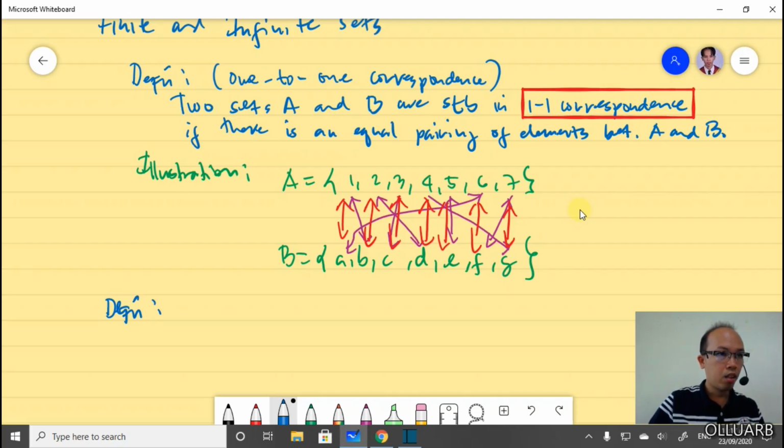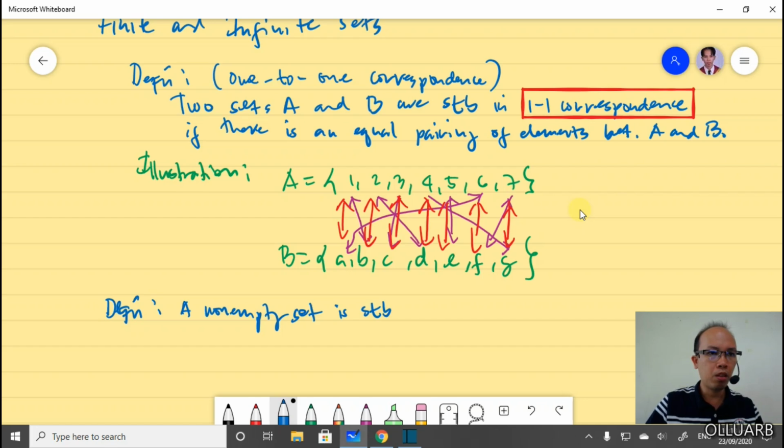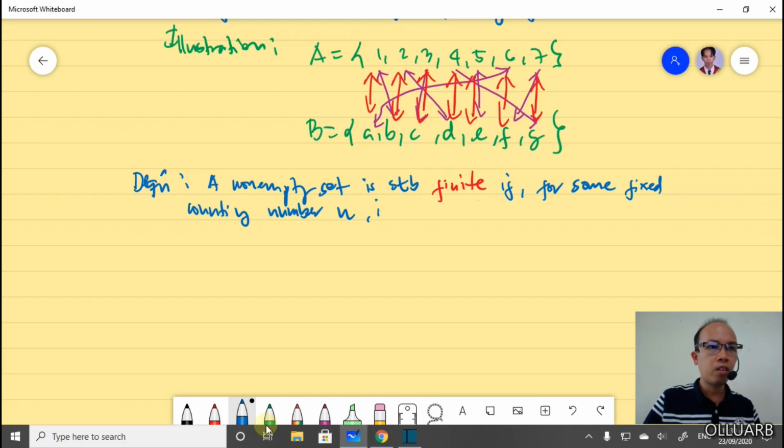Finite sets: a non-empty set is said to be finite if for some fixed counting number n, it is equivalent to the set 1, 2, 3, and so on up to n.